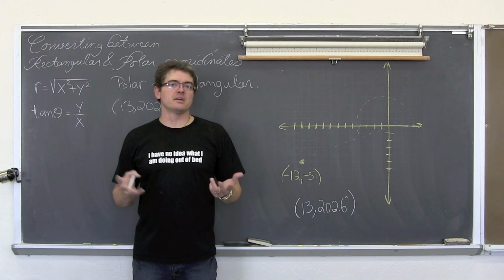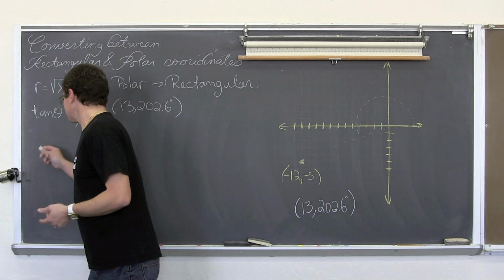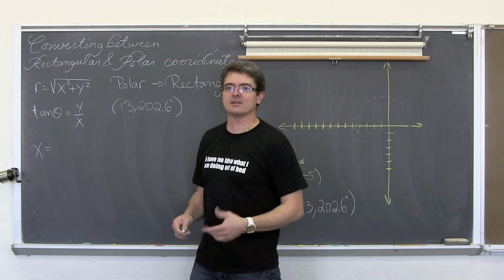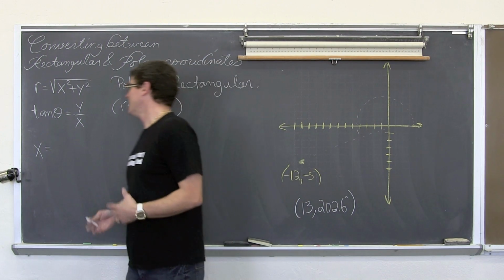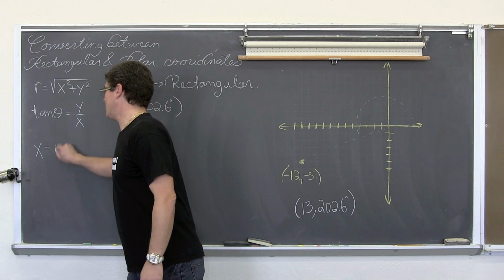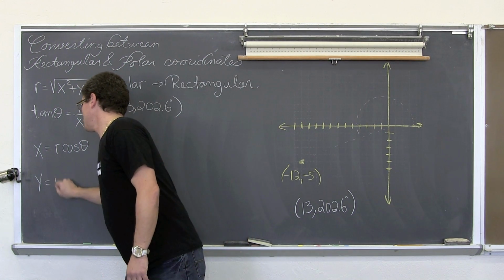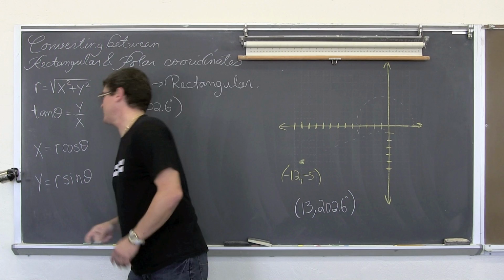You know, we have those skills, but when you do these conversions and you're looking at a new section in the textbook, the author can't just say, well, go back to chapter 4 and look that stuff up. So a little shortcut formula, x is equal to r cosine theta, and y is equal to r sine theta.